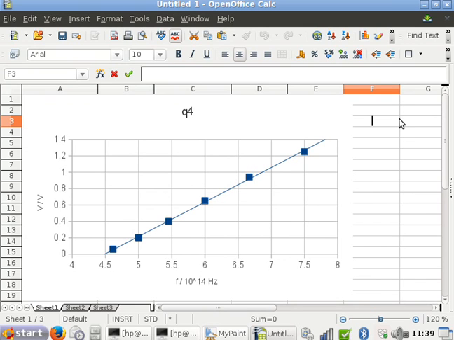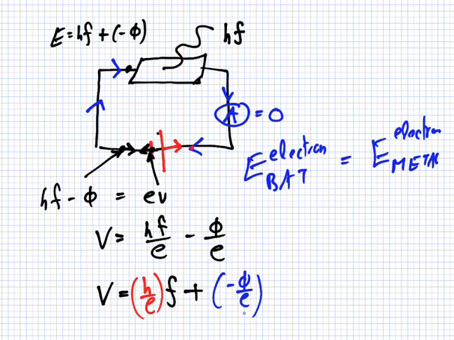Now, the next part. Use the graph to determine the value for Planck's constant. And you can use the value for E as given, that you know it. So, if you look back here, what do we need to use, the slope or the C? The slope, yeah.